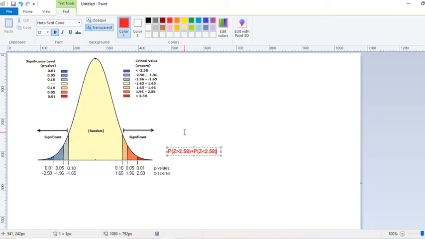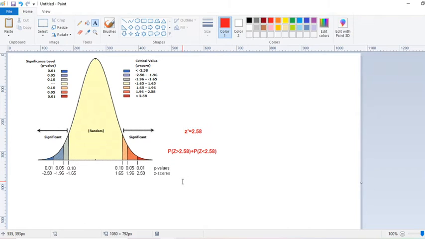Suppose you have obtained z dash equal to 2.58. You know the step involved in computation of z dash: x bar minus mu naught by standard deviation. So you can compute z dash, and we have identified it as 2.58.